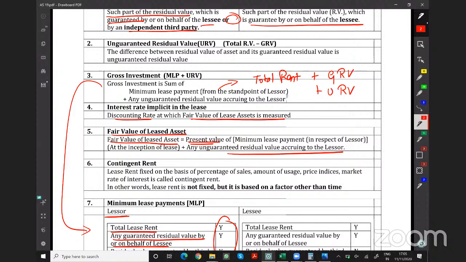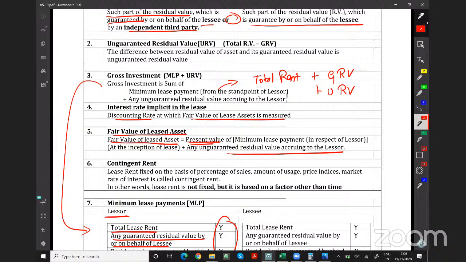So I will go with my brother only, which is 10,000. So 50,000 plus 10,000 plus the unguaranteed residual value, which is 15,000 minus 10,000, that is 5,000. Total is 65,000. So 65,000 will be termed as gross investment.